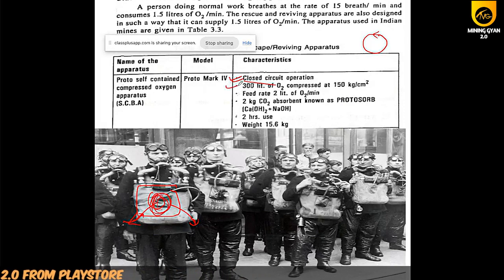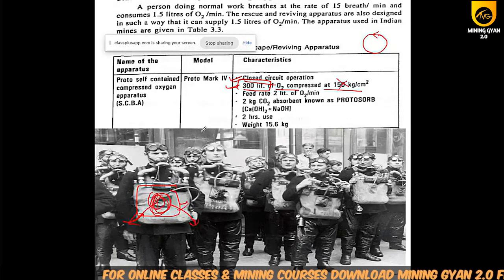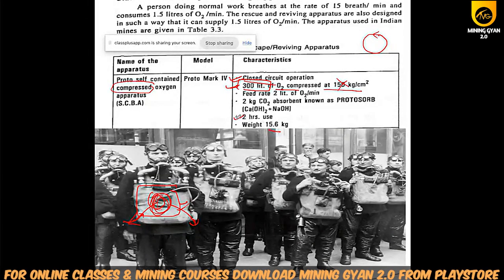And second, it stores 300 liter of compressed oxygen. You don't need to know the 150 kilogram, but you just need to know that up to 300 liter oxygen you can store in the container of the proto self contained compressed oxygen apparatus, because you compress that oxygen, and you can use it for 2 to 2.5 hours.